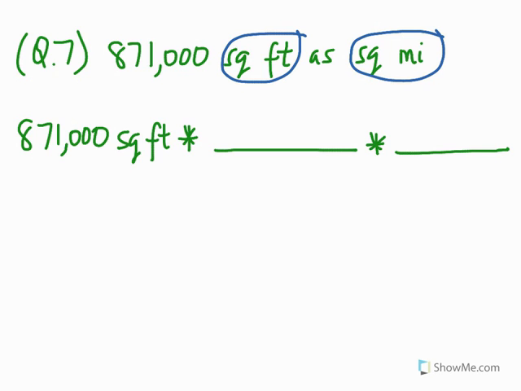There is no direct relationship, so we have to put the guy in between. We see the guy in between is the acres. In the first fraction, we write the square feet below so that it will cross out later on. And then the guy in between, we now write him on top, acres.